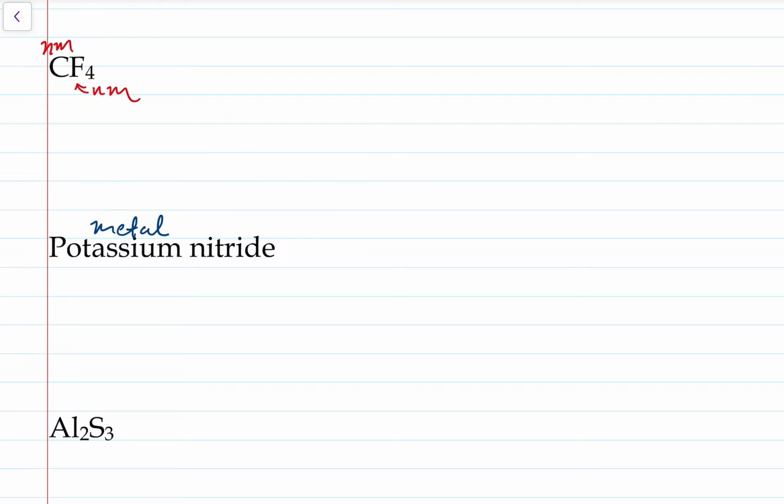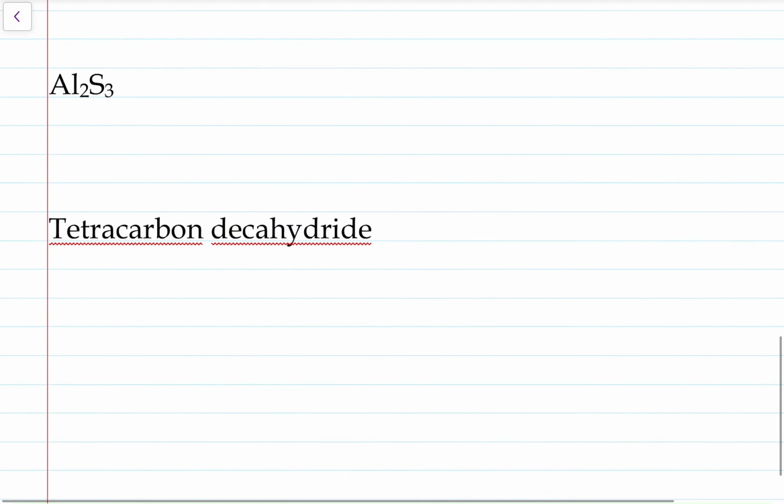And nitride is nitrogen, so that's obviously a nonmetal. Aluminum is a metal. And sulfur is a nonmetal. There's only so many nonmetals, right? Not that many. All right, carbon, nonmetal, and nonmetal.